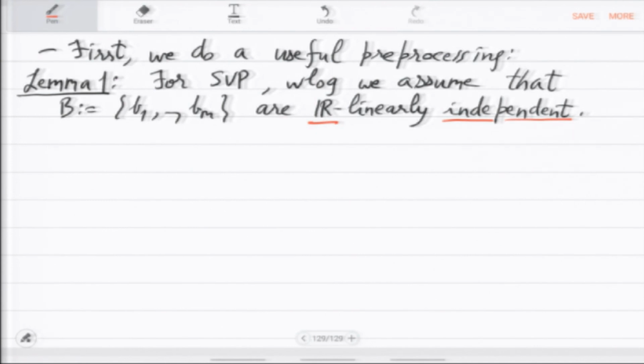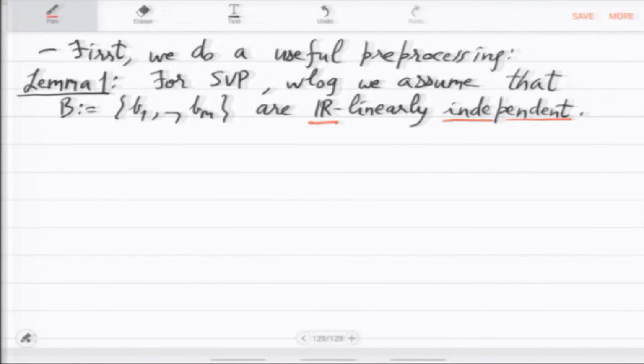Remember that in the input, b1 to bm could have been dependent in some complicated way. You could have b1, b2, and then 2b1 plus 3b3, and then 10b1 plus 100b2, and so on. So it is not really clear whether using integral combinations of that you can get back to b1, b2.